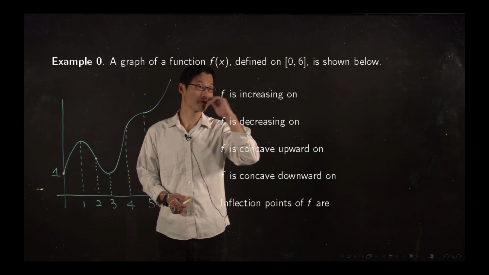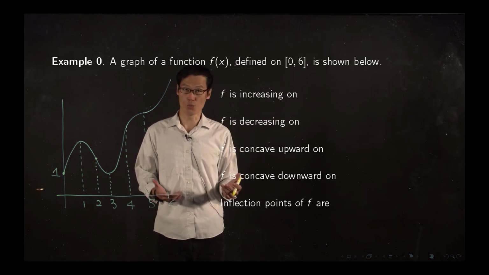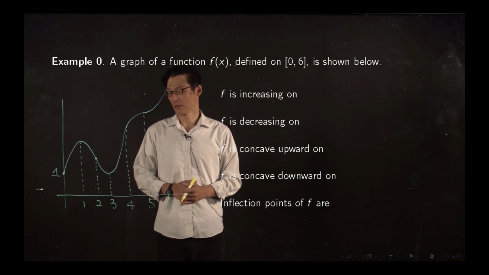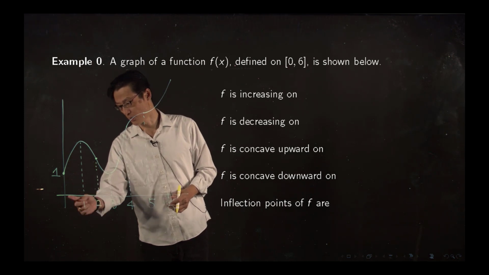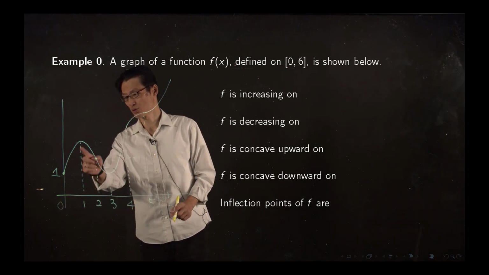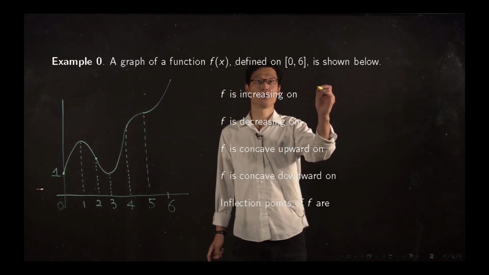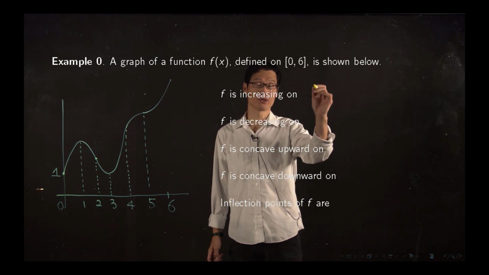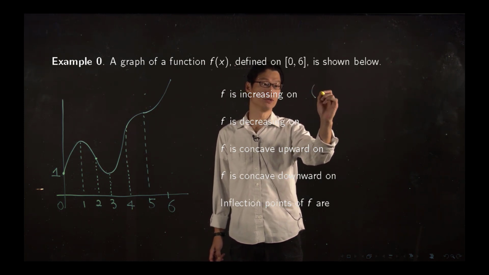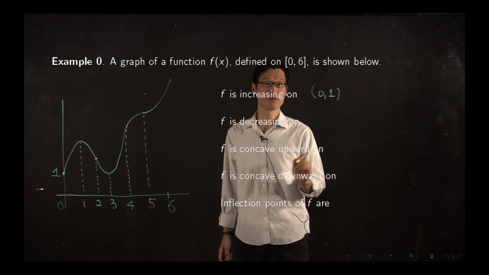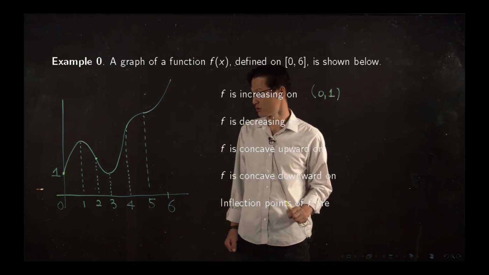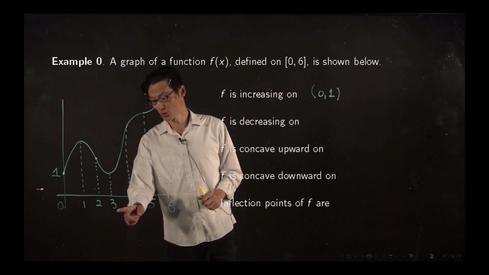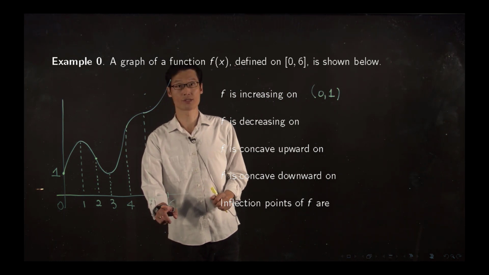For these first two, let us use open intervals. Your function is increasing from 0 to 1. So f is increasing on the interval from 0 to 1. This is open interval notation. And then from 3 to 6.